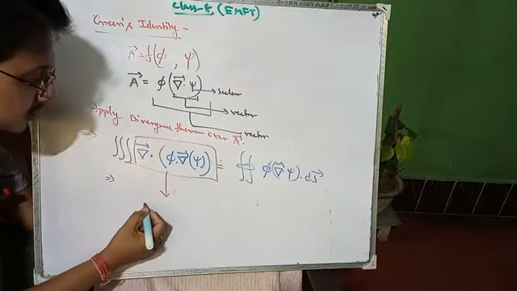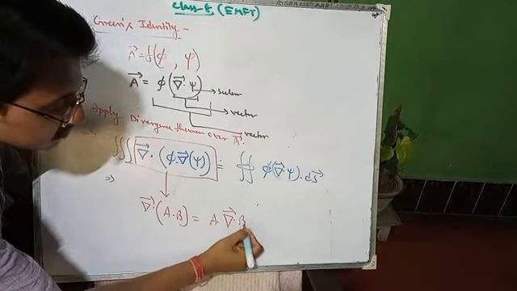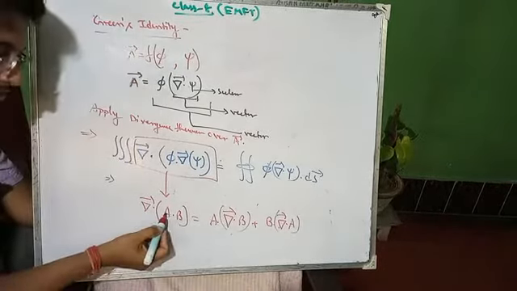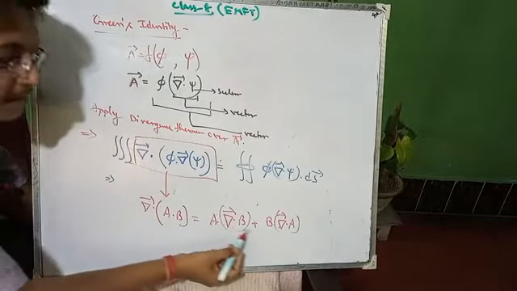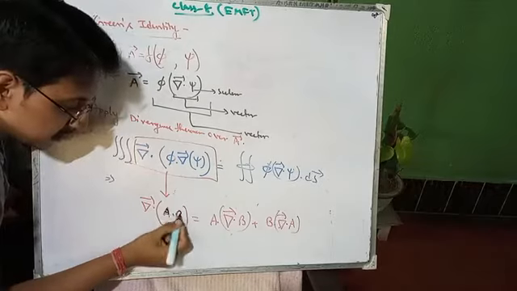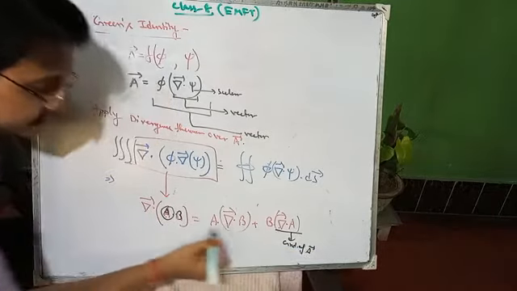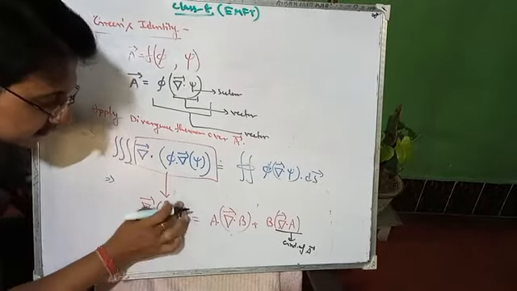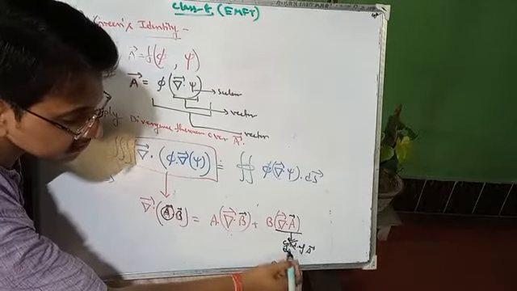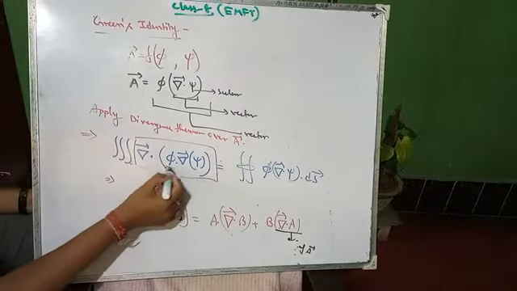It looks like divergence of AB: taking A as common, A times divergence of B, plus taking B as common, B dot gradient of A. If A is a scalar and B is a vector, then it becomes gradient of A, since A is not a vector, A is a scalar quantity. If both A and B are vectors, then we pronounce it as divergence of A. So here it is a scalar, and it is a vector.